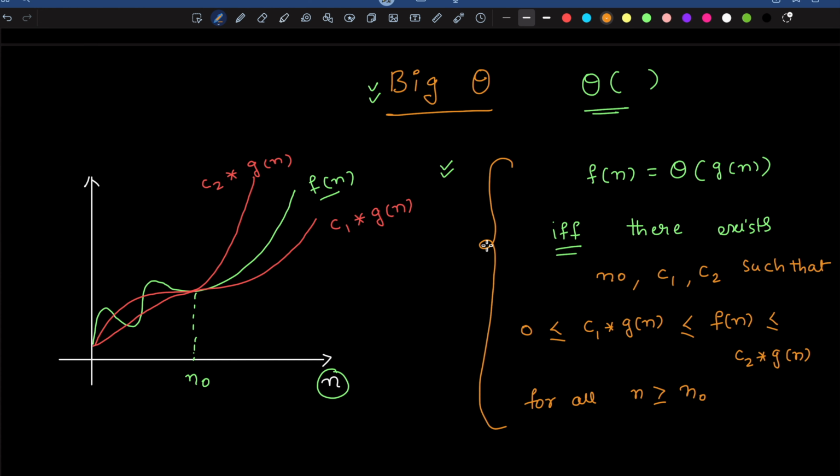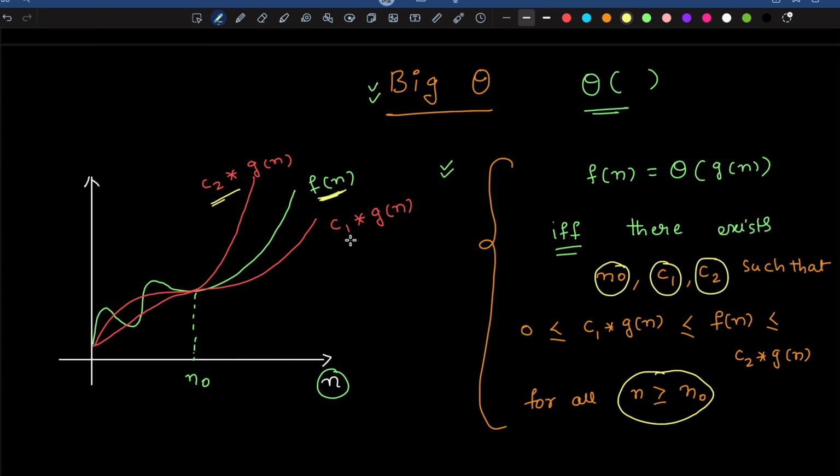Now let us understand what this means. If you look at this definition, I have the three constants n0, c1 and c2, such that for all values of n greater than or equal to n0, my f of n is lower than c2 into g of n, and f of n is always greater than c1 into g of n.